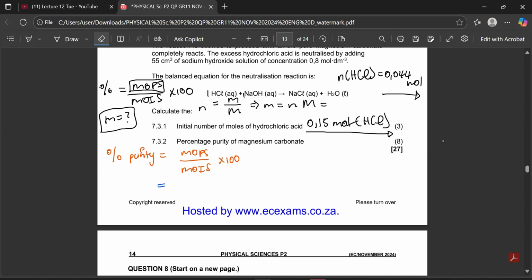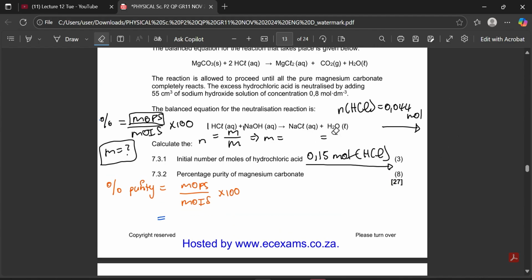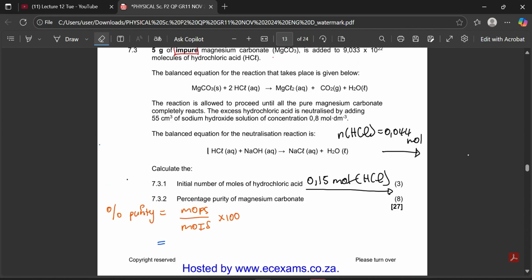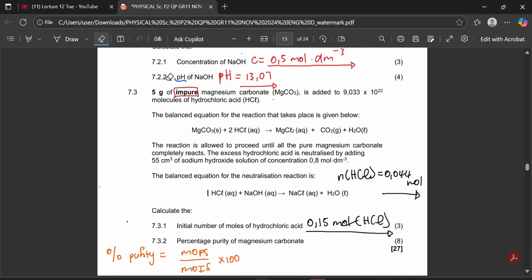Now I want you to think of something. Remember, the statement said something that we need to consider. It said that something was in excess and something was limiting. So you need to know what was in excess and what was limiting.